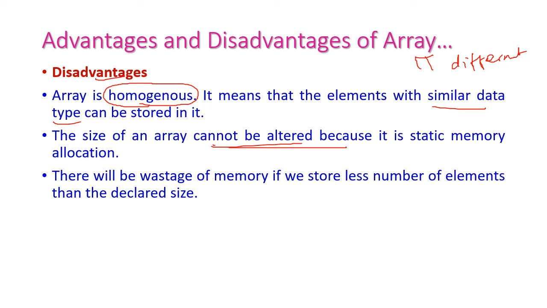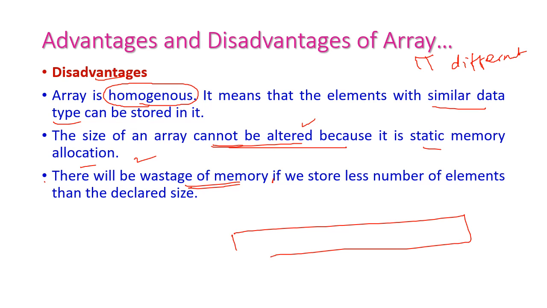Once we declare, we cannot alter the size of array because array is static memory allocation. And there will be wastage of memory because once we declare, we cannot reallocate. So if we declared 100 and suppose we store only 5 data items, then this much of memory will be wasted.